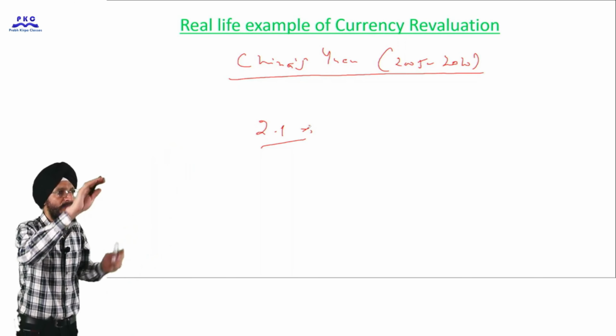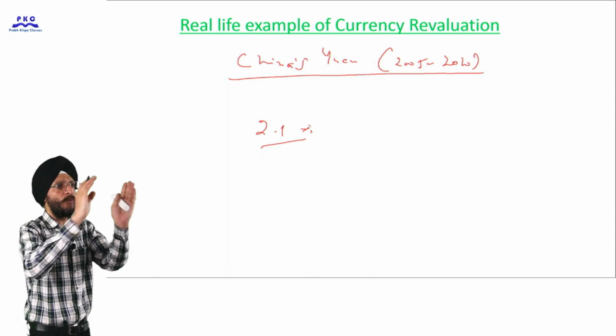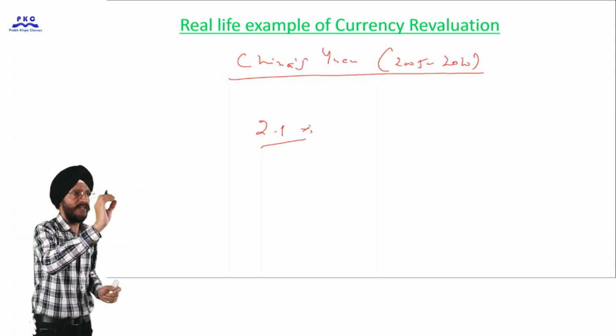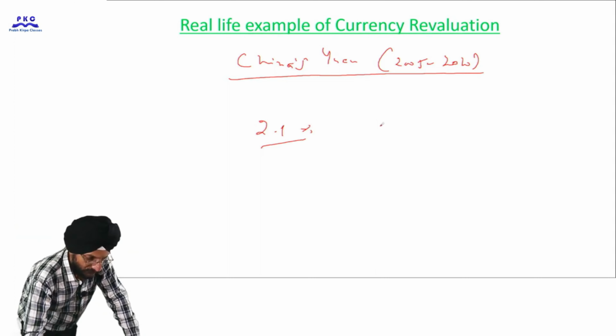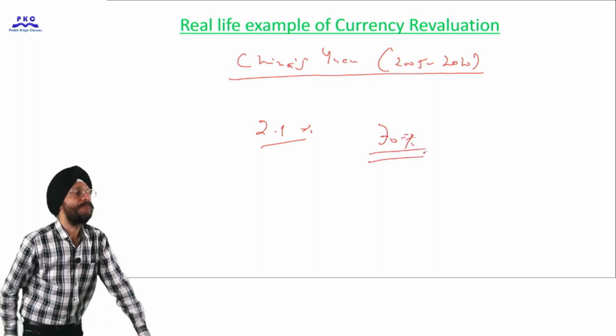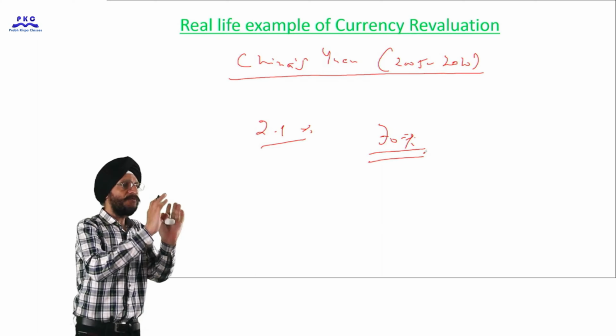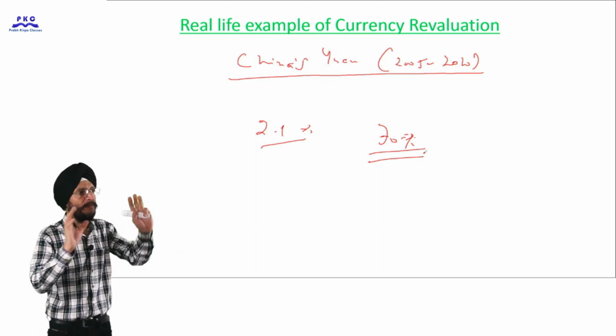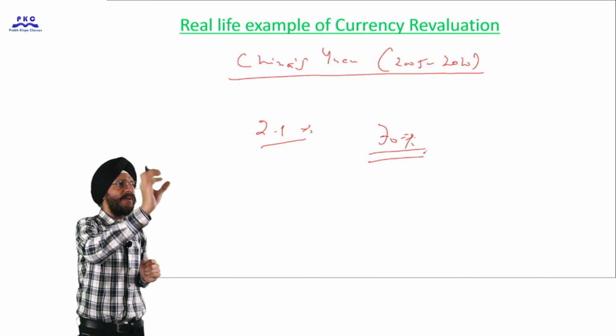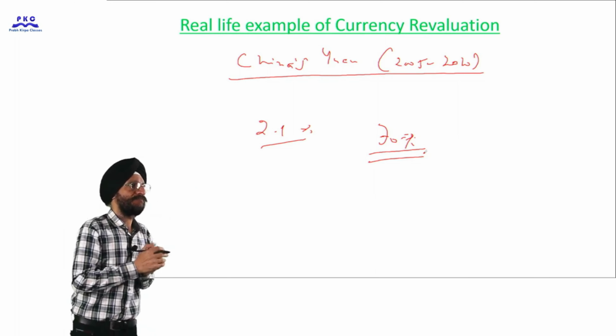During the whole period of 2005 to 2010, about 30% appreciation in the value of the currency of China took place. Approximately 30% increase in the value of the yuan was there.